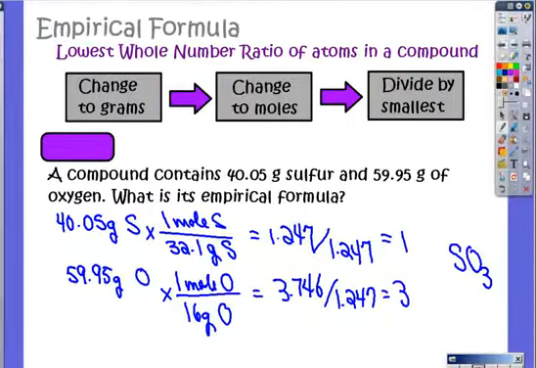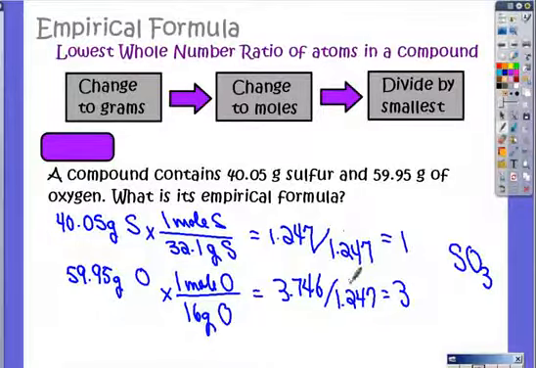Okay, here's my answer. You see I took each one and divided it by its mass found on the periodic table. So for this one, I ended up with 1.247 here, and 3.746.